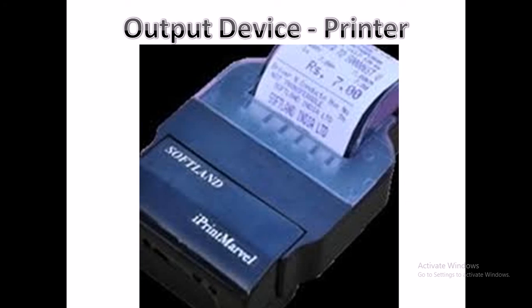Most dot matrix printers print in black and white. Only a single color can be used with the help of a dot matrix printer. And if you compare, the dot matrix printer is very noisy and slow as compared to the latest printers, but it is cheaper than other printer types.